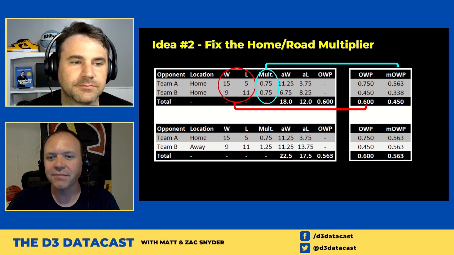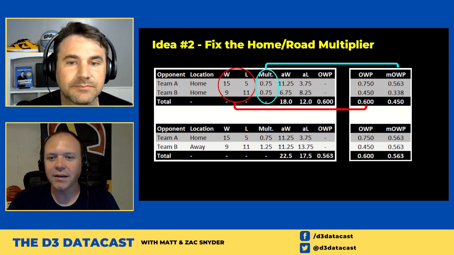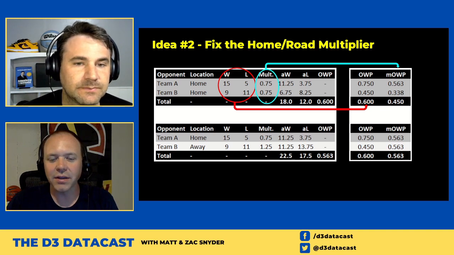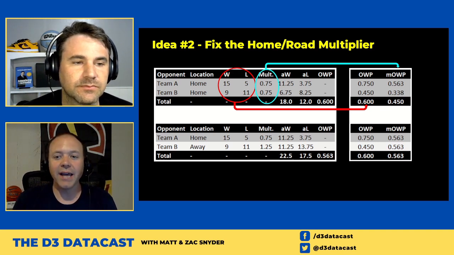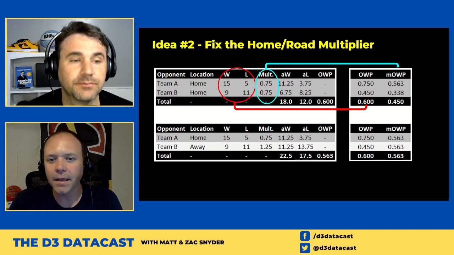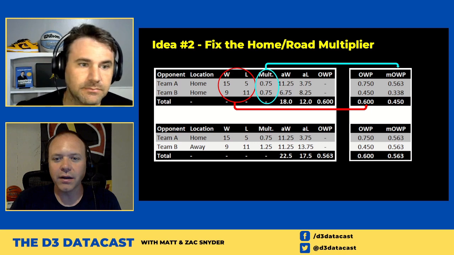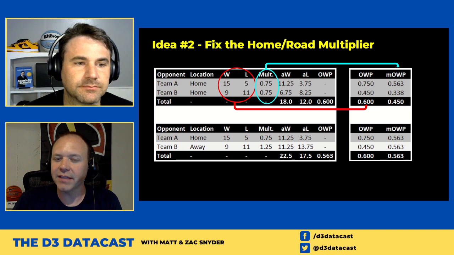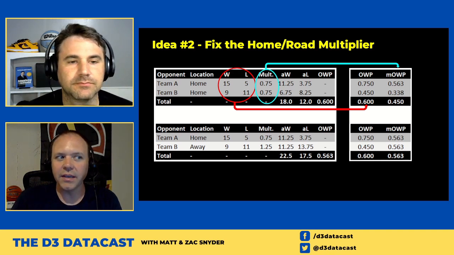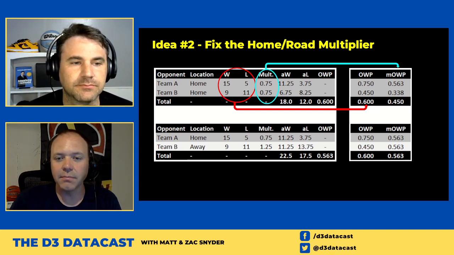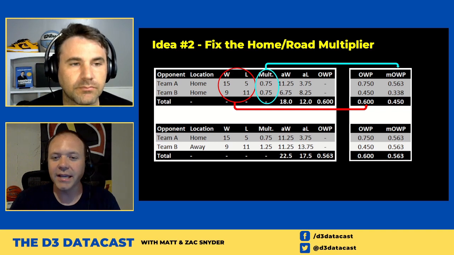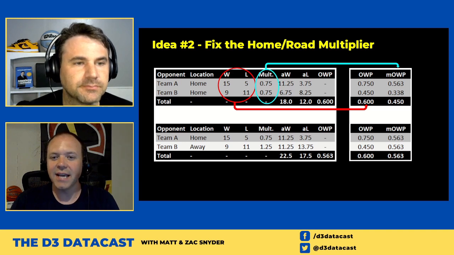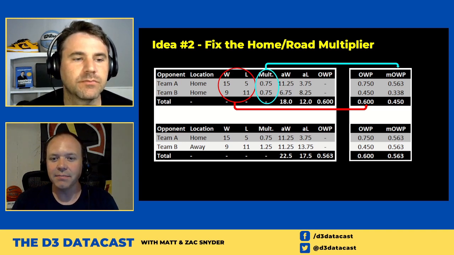Because that home game against a 15 and 5 goes to a modified 563, maybe we want to think about it as like a neutral court game against a team with a winning percentage of .563, which is equal to an away game against a 9 and 11 opponent. And I feel like that's an example of how the current multiplier feels heavy-handed, right? Playing a game at a team that's 9 and 11 doesn't feel exactly like having to play a 15 and 5 team at home, right?